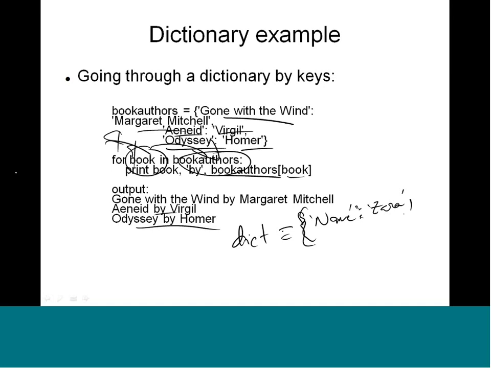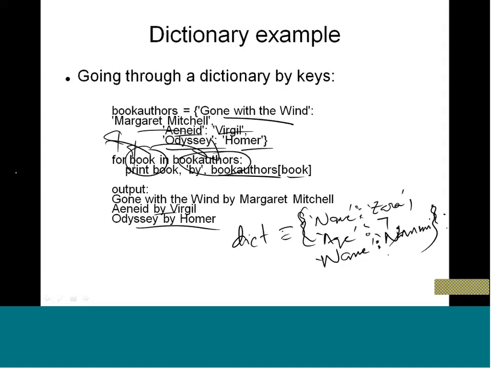So this forms one element. Then age, again colon, and then seven, and then another comma, and then finally again we call it name, colon, Manny. This also ends with a closing brace.